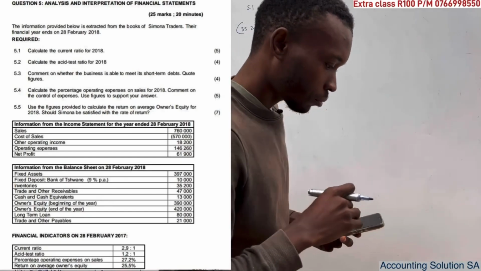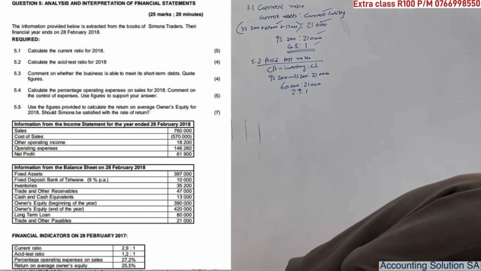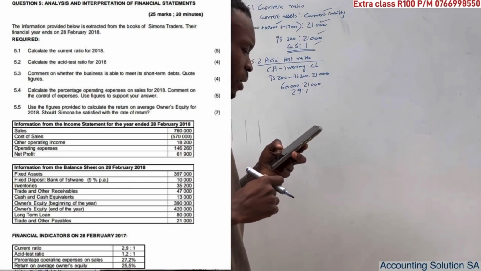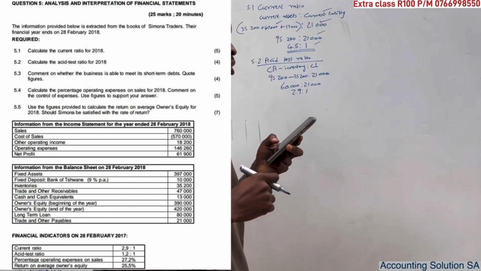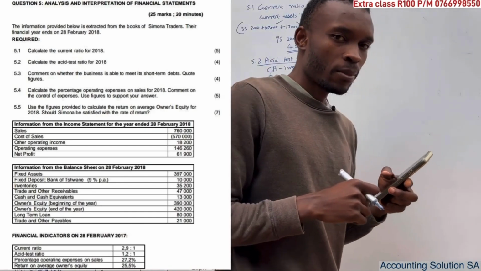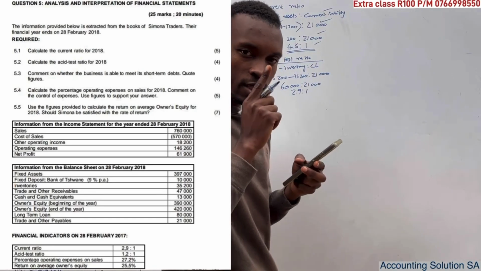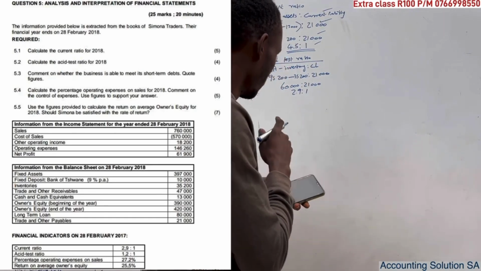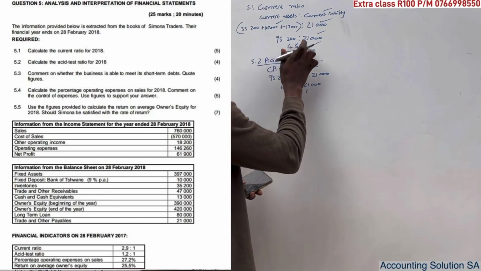Okay, now let's proceed. The next one, comment on whether the business is able to meet its short-term debt and quote the figure. Guys, the first thing, if you want to see if the business will be able to pay, this one must be higher than this one.